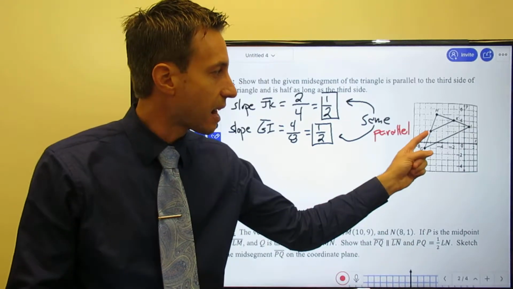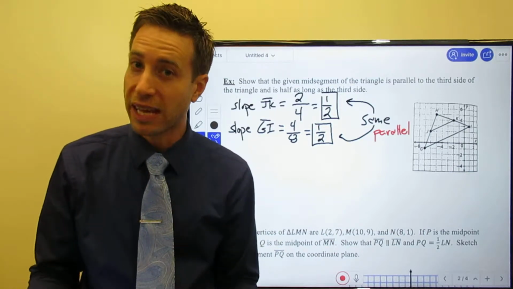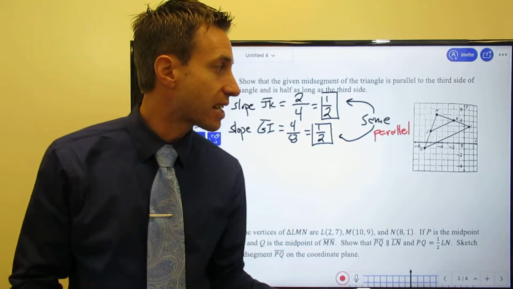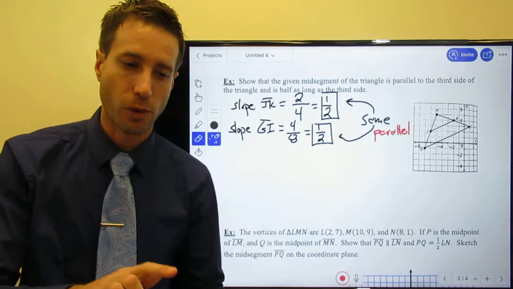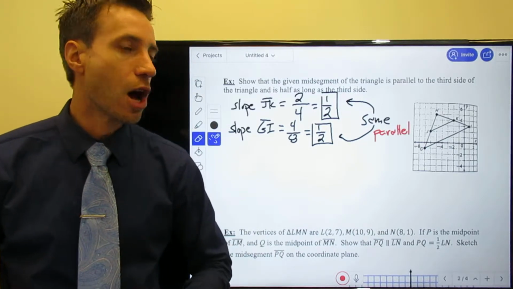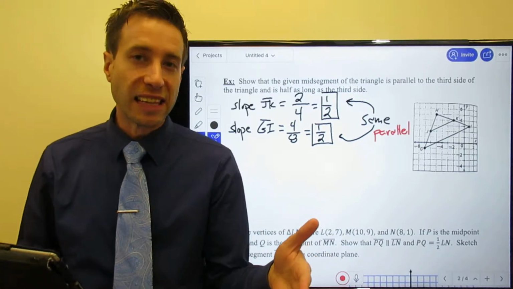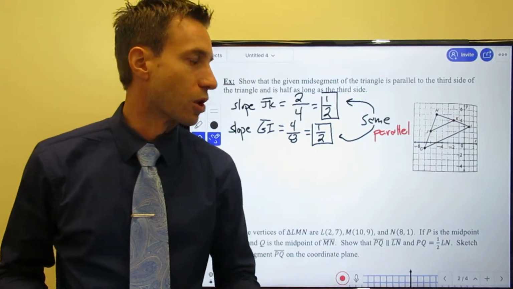But since these lines are on a diagonal, you can't just count their length. So in this case, it's slightly trickier: you're going to need to use the distance formula, which we saw previously in another section where we were trying to find the length of a line segment, and we needed the distance formula because it was on a diagonal.